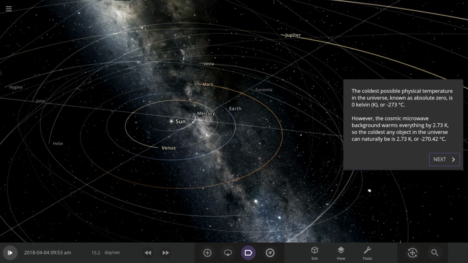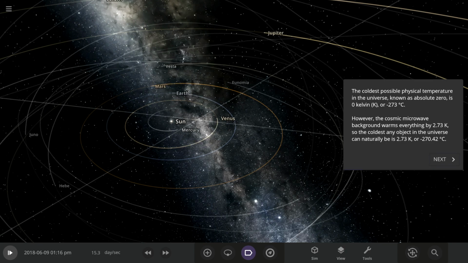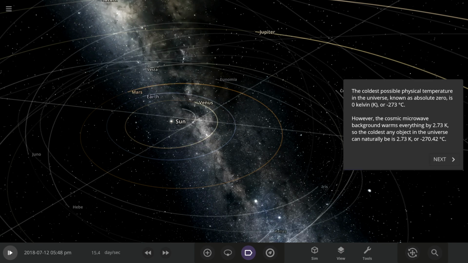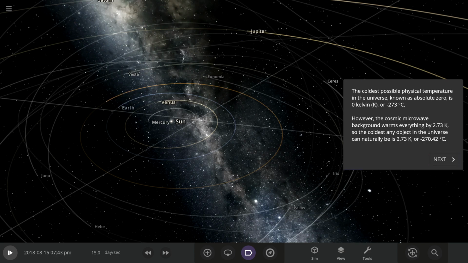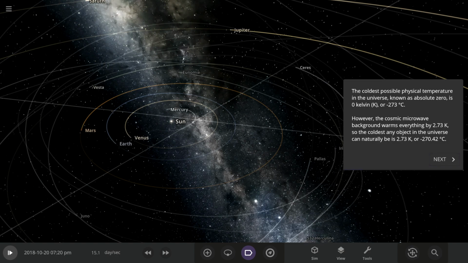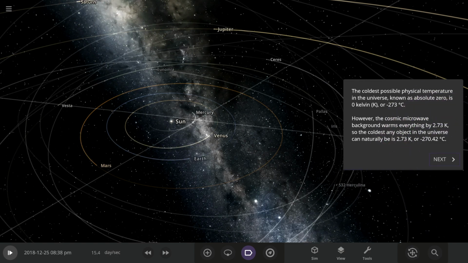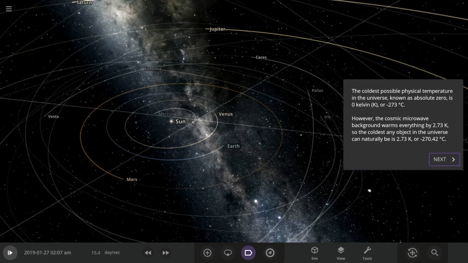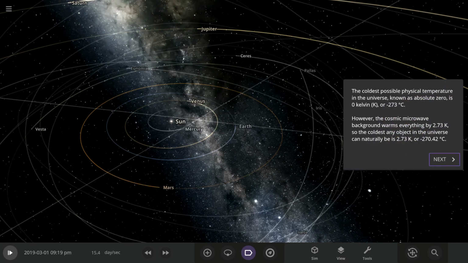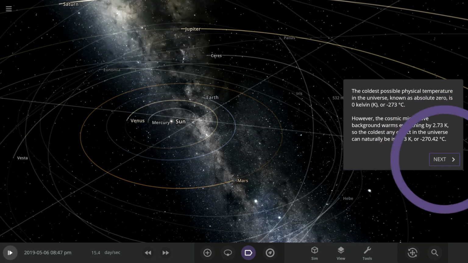The coldest possible physical temperature in the universe, known as absolute zero, is 0 Kelvin or minus 273 degrees Celsius. However, the cosmic microwave background warms everything by 2.73 degrees Kelvin, so the coldest any object in the universe can naturally be is negative 270.42 degrees Celsius.